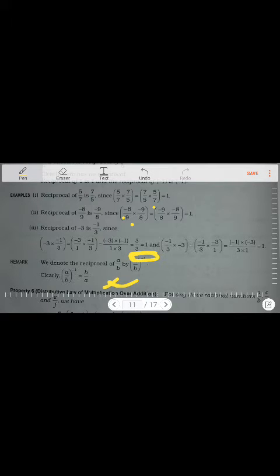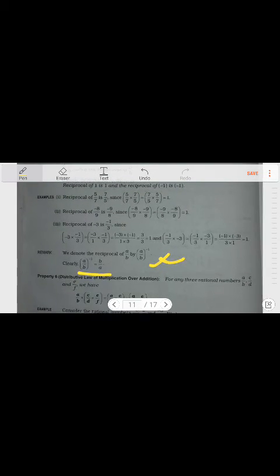We read it as inverse or reciprocal of A by B. Okay, inverse and reciprocal are the same thing. So here it has been written, we denote the reciprocal of A by B as A by B inverse, or A by B reciprocal, or A by B raised to the power minus 1. So clearly A by B raised to the power minus 1 is B by A.